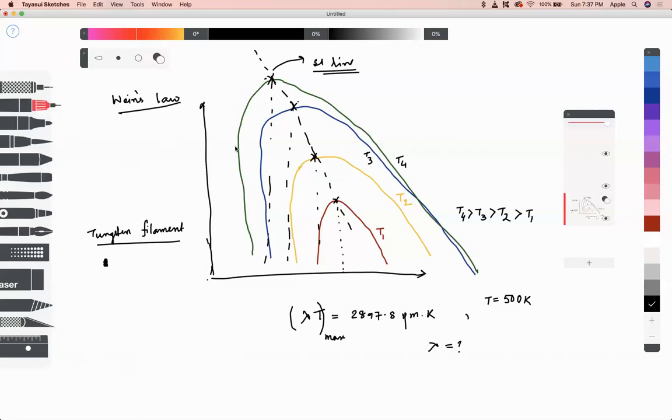Whenever we go to a very high temperature, we see that only a small portion of the radiation, to be exact 25% of the radiation, falls under the visible range. The remaining 75% is other radiation.